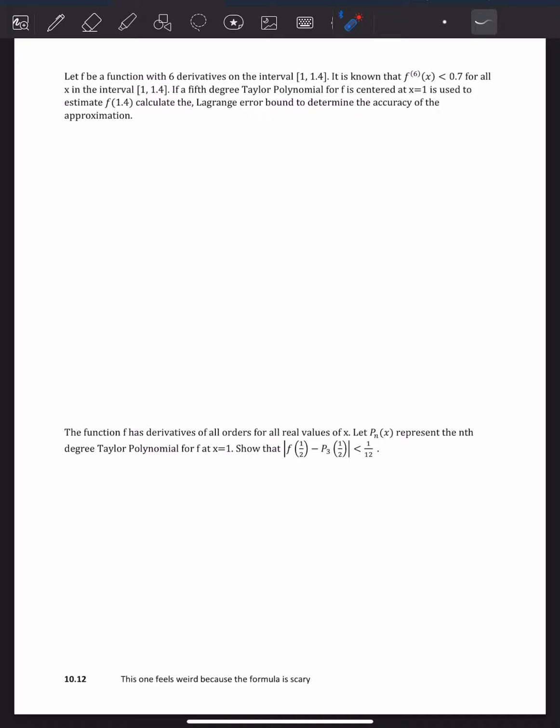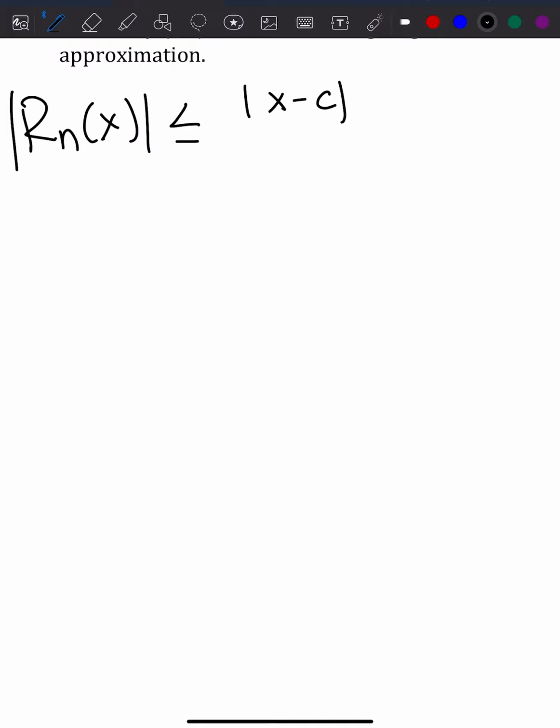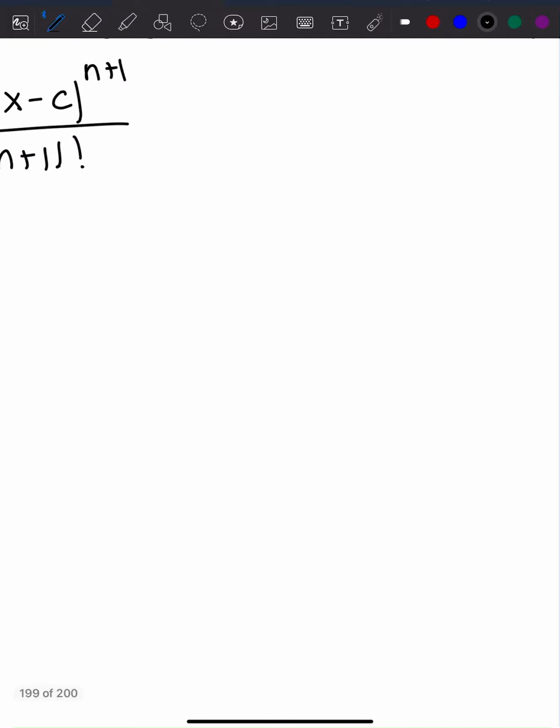So we want to use the Lagrange error bound. The Lagrange error bound is that the absolute value of r sub n of x is less than or equal to that next term, so the absolute value of x minus c to the n plus 1 divided by n plus 1 factorial, times this maximum.